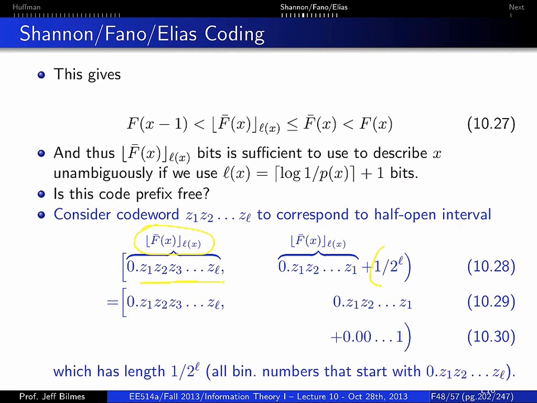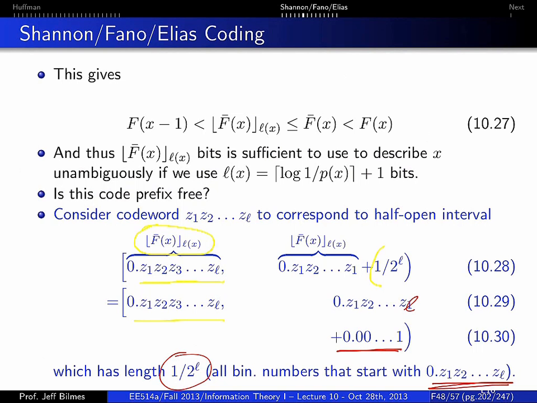So another way of looking at this is that on the left it's z1 through zL, and on the right, it's z1 through zL, and that's another typo here, this should be through zL, plus this value, which is 2 to the negative L. I don't know how many typos I fixed, I always find more typos. So this interval has length 2 to the negative L, and corresponds to all binary numbers that start with this string.